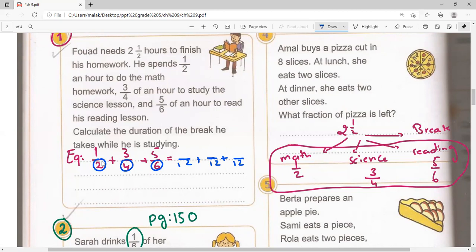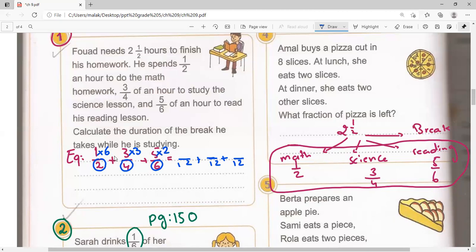Now, which number in table 2 gives us 12? 6. So we have to multiply by 6. Which number in table 4 gives us 12? 3. Which number in table 6 gives us 12? 2.